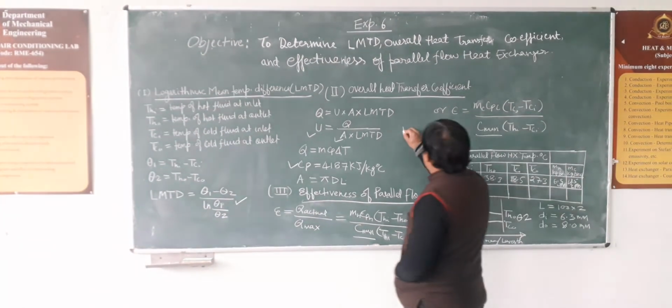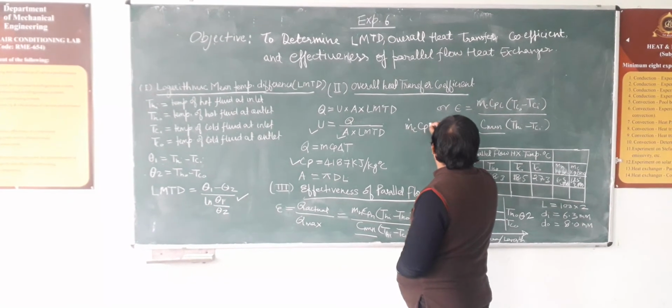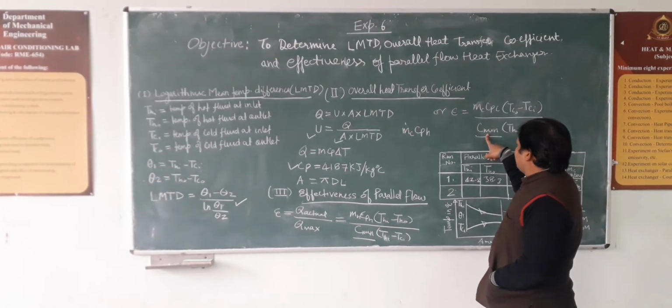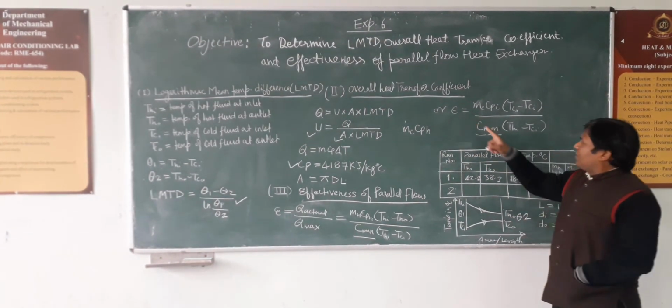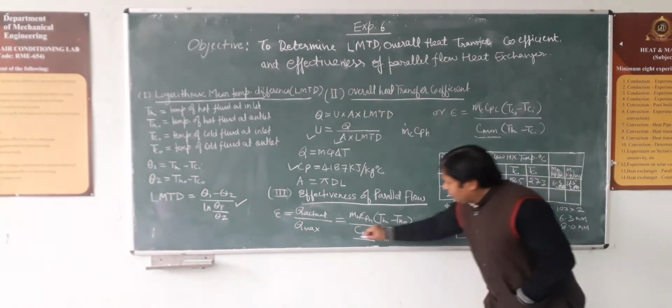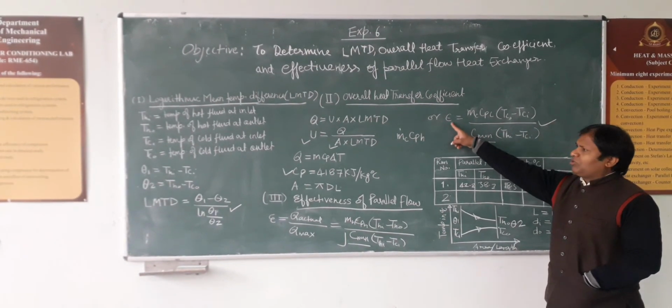If m dot Cph is minimum, then you have to take that here. So you have to put the minimum value, and by this formula you can calculate the effectiveness of the heat exchanger.